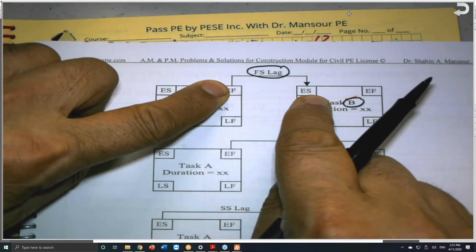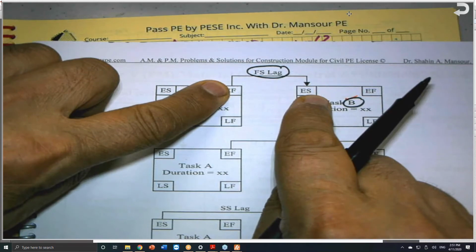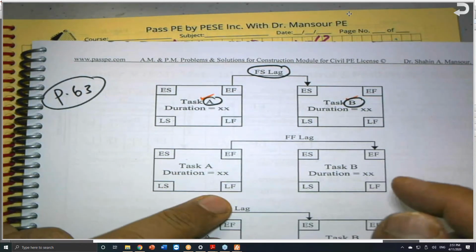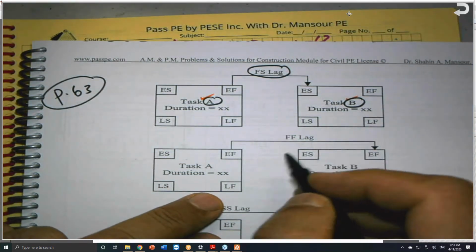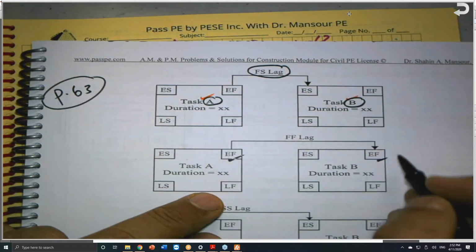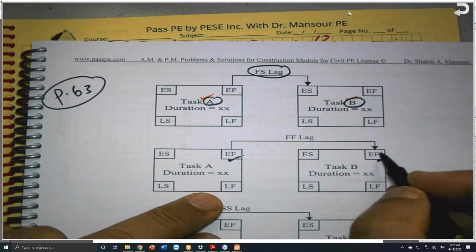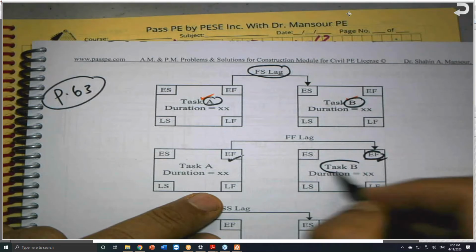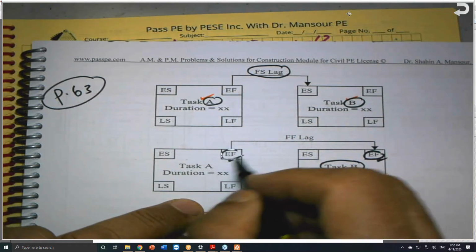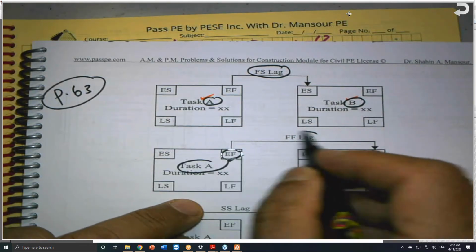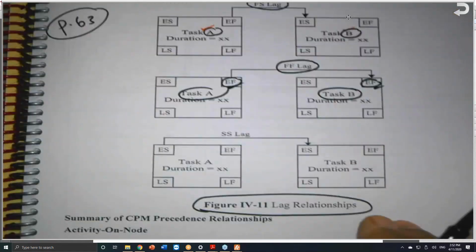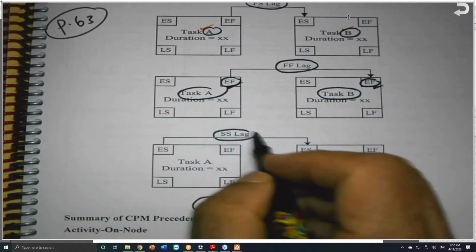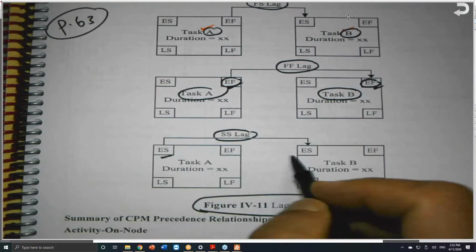It will wait for a few days, and I will explain this a little bit. If the lag is between the early finish of task B and the early finish of task A, we call it FF lag. And the other one is called SS lag, the early start of each activity.